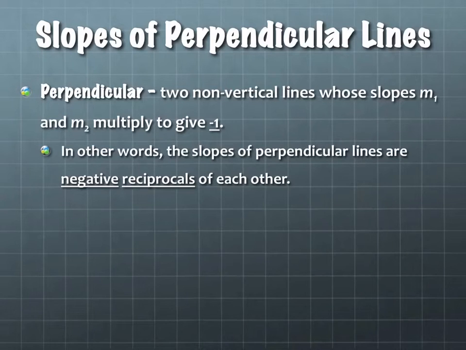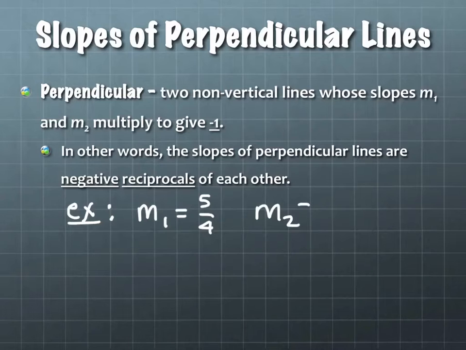So let's do a couple of examples of that. Let's say that my first slope, m1, is 5/4. What would m2 be if I did the negative reciprocal? If the first one's positive, the second one's negative, and then I would flip the fraction to be 4/5.